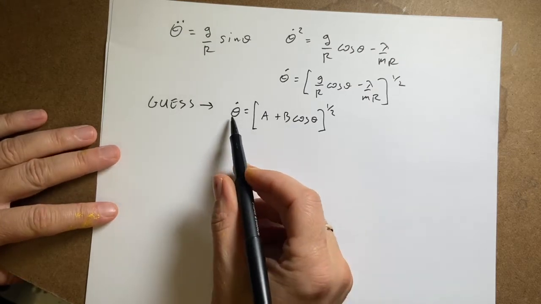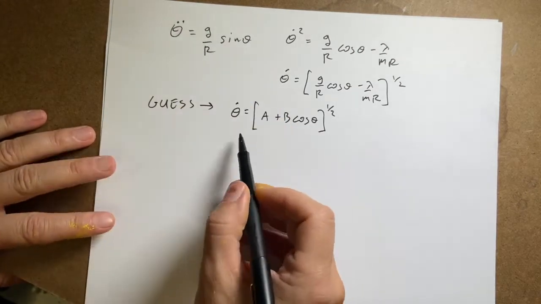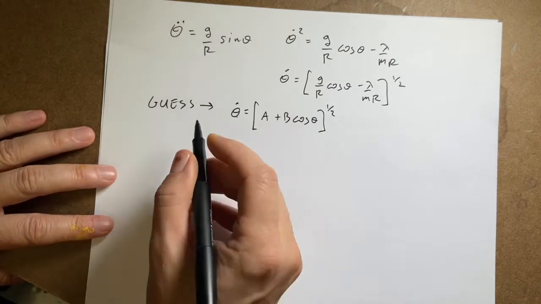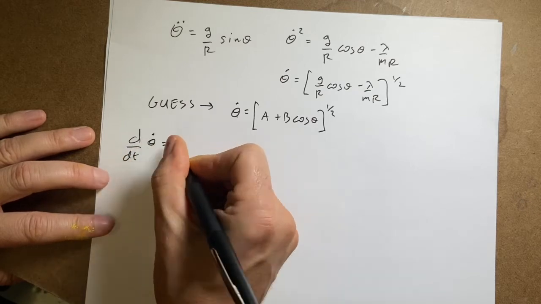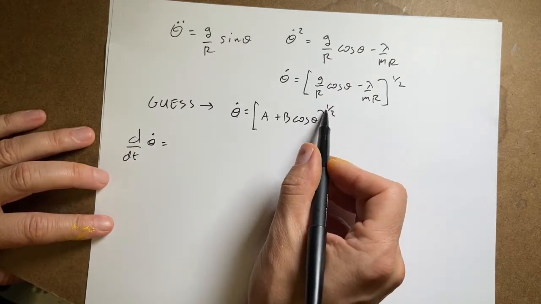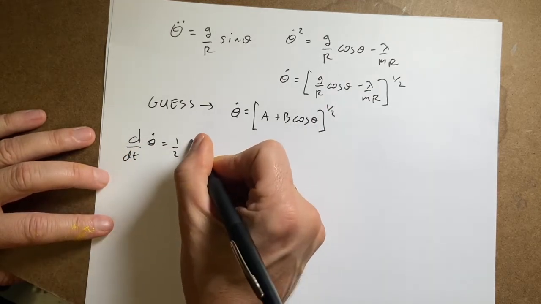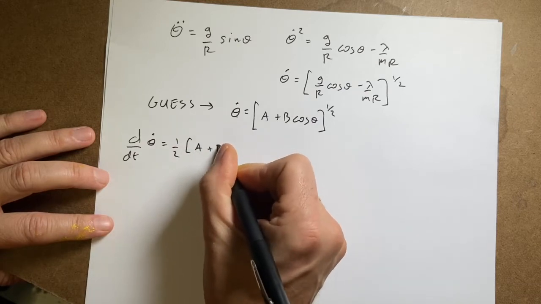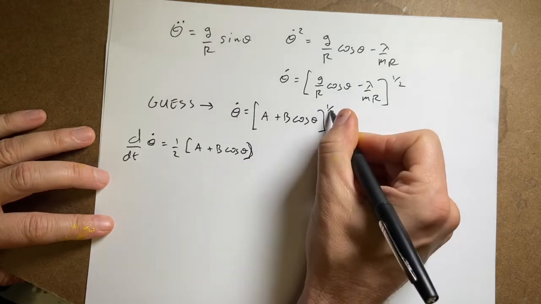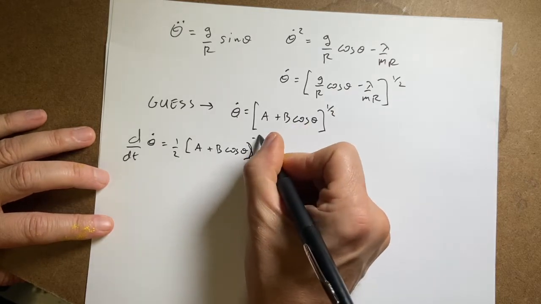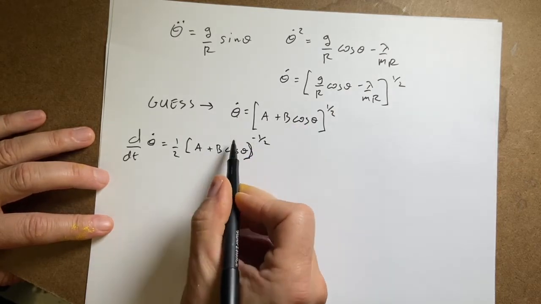And now let me take the derivative to get an expression here. So I'm going to take the derivative of this. d/dt of theta dot is going to be equal to, I use the power rule first, bring the 1/2 down, then I have a plus b times cosine theta, and then I reduce this by a power of 1, so I get to the negative 1/2. Now I have to take the derivative of the stuff inside.